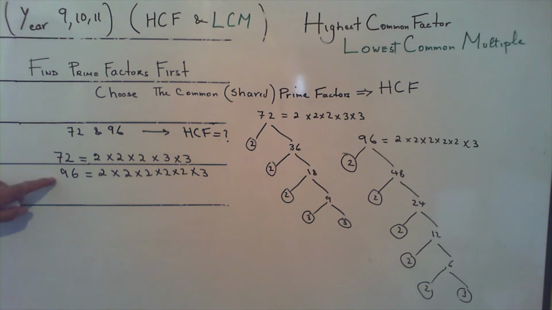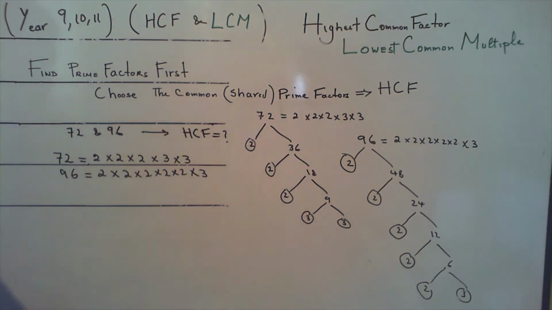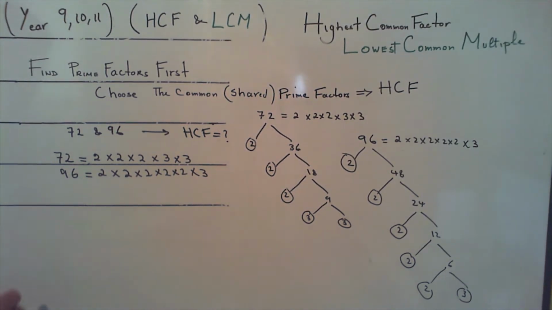It's very important to get the HCF, highest common factor, that we write the numbers with all the prime factors underneath. And what does it say here? Choose the common or shared prime factors. So with these two, what are the common ones?